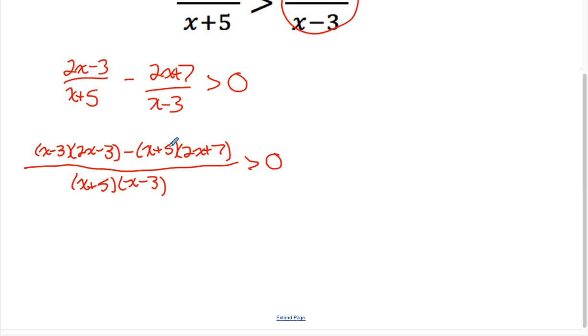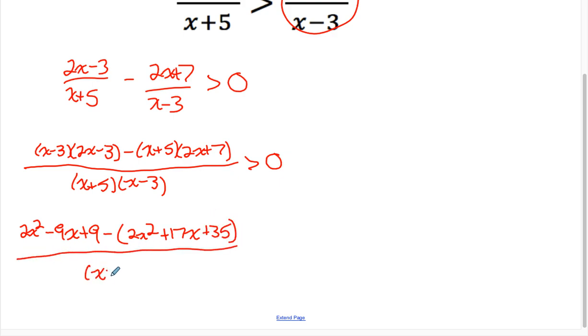So let's expand the numerator and then see if we can collect, simplify and factor. If we expand the numerator, 2x squared minus 3x minus 6x, that's minus 9x, plus 9, minus 2x squared plus 7x plus 10x, that's plus 17x, plus 35.